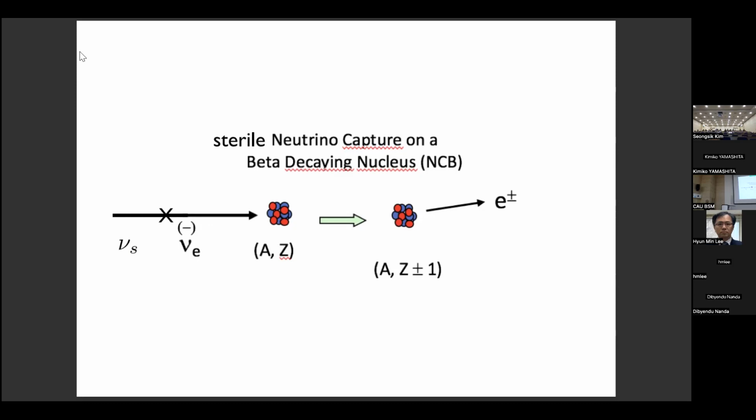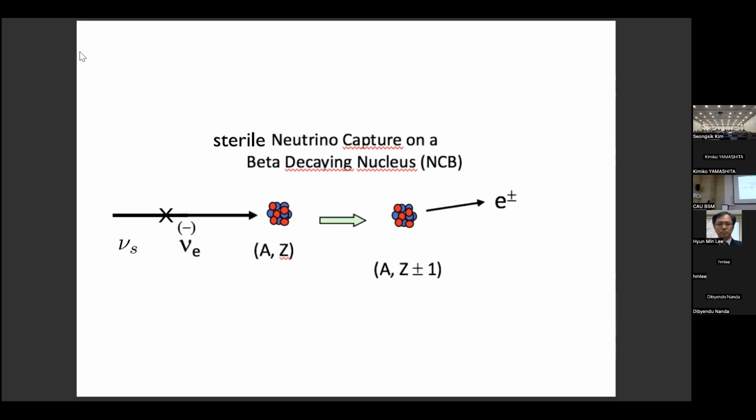But that's the neutrino. If there's a sterile neutrino, and it has a mixing with the electron neutrinos, well, this X means the mixing, then the sterile neutrino can also be captured by this nucleus, and then an electron is produced. This also can affect the spectrum of electrons, which is different from the standard model neutrinos.